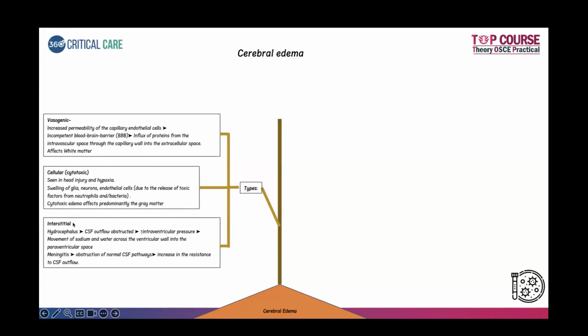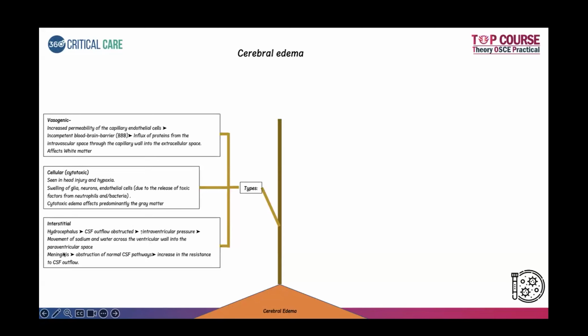Then there is the interstitial edema, which is usually reported as periventricular lucency or periventricular edema in the CT scan report. That's what is called interstitial edema, which is due to hydrocephalus. There is CSF outflow obstruction. There is increased intraventricular pressure. The pressure inside the ventricles is high. So there is movement of sodium and water across the ventricular wall into the periventricular space.